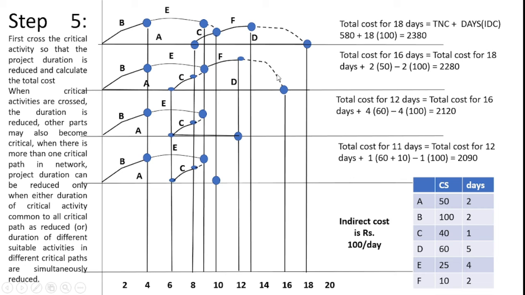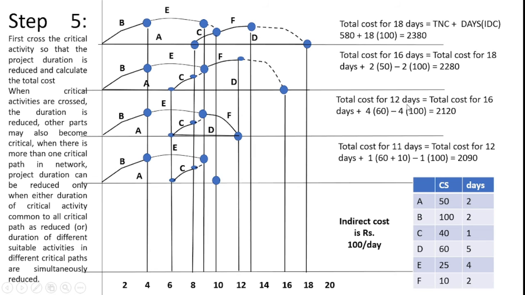For the reason I can go for further reduction in D activity, by 4 days. So now I can reduce 4 days with the D activity, and the F activity can be completed with this. Okay, from this I can get the total cost. Here the critical activity is reduced from 16 days to 12 days.